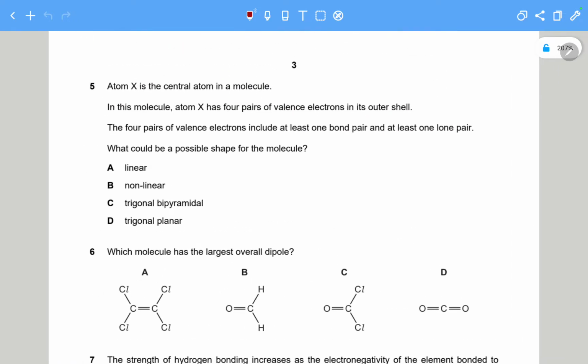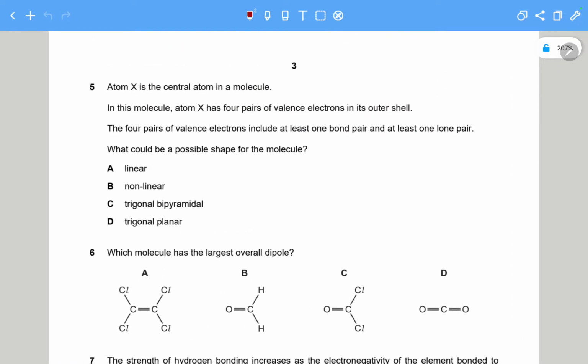Question 5. Atom X is the central atom in a molecule. In this molecule, atom X has 4 pairs of valence electrons in its outer shell. The 4 pairs of valence electrons include at least 1 bond pair and at least 1 lone pair. What could be a possible shape for this molecule? It can't be linear because there are 4 pairs of valence electrons, and they say that there is at least 1 bond pair and at least 1 lone pair.